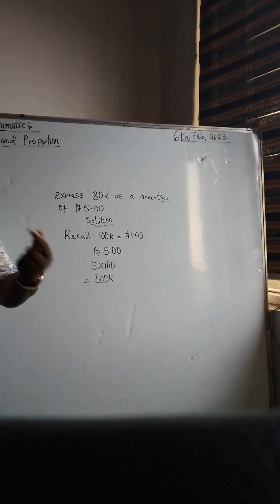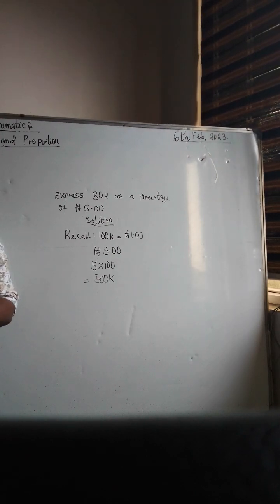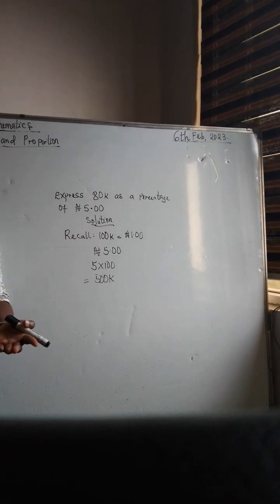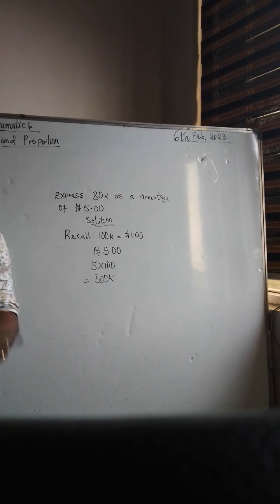But if you already have it in percentage and you're taking it away from percentage, then that is over 100. So that's why I told you when we started the topic of percentages, it's not just enough for you to know that percentage means by 100, but you're supposed to know that there are 2 operations we carry out when converting to percentage and from percentage.